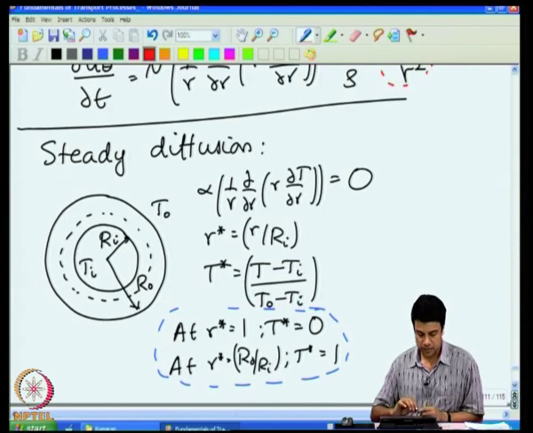We had looked at a problem where the temperature was Ti on the inner surface and To on the outer surface. The radii were Ri and Ro on the inner and the outer surfaces, and we wanted to find out what is the temperature profile throughout the annular region between the inner and the outer surfaces, and also to calculate what is the heat flux due to this temperature difference.